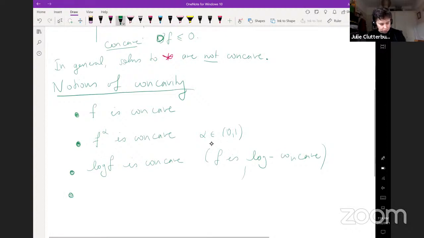And the final notion is the weakest one and the one we're going to be looking at. This is that F is quasi-concave. And this is exactly the property that the super level sets are convex.